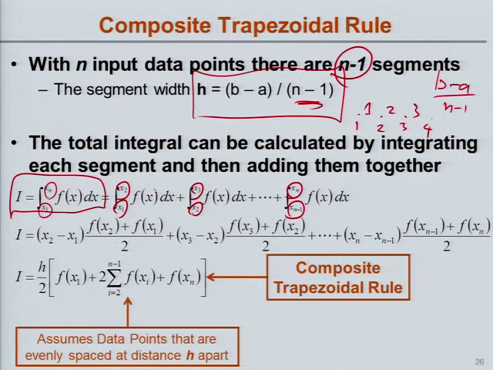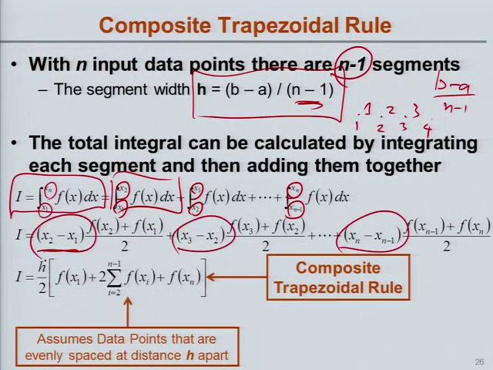So getting back to the integral then, we split this integral up into a whole series of things. We then calculate each one of these integrals using the trapezoidal rule. So the first integral is the width, which is x2 minus x1, multiplied by the average of the 2 function values, plus, etc., etc. Now, if we have split things up so that the step sizes are uniform between each of these different pairs of points, then this step size here is the same as this step size here, is the same as that step size there, and we're just going to call them h.